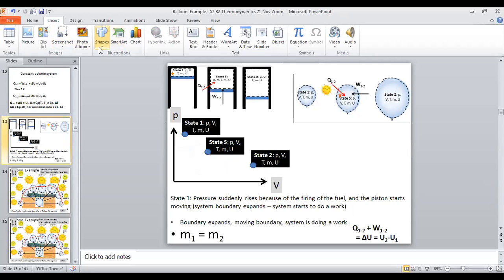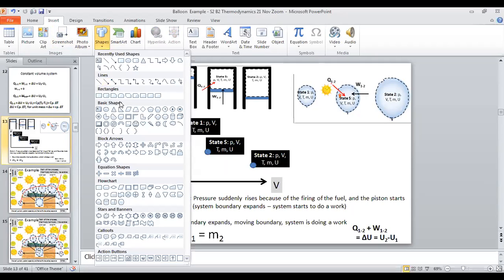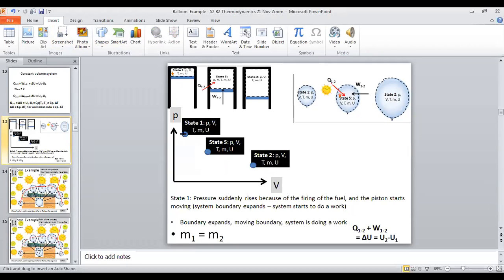If I draw this PV, starting from 1, general state S, I can take one more general state.